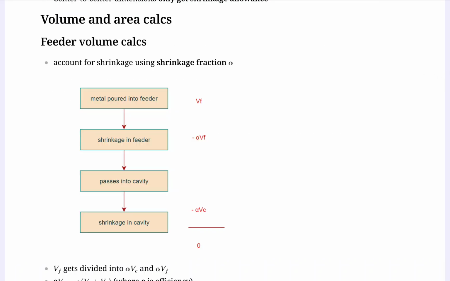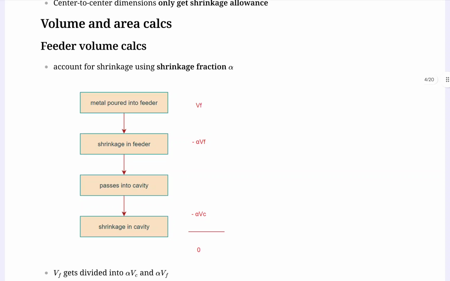For the volume and area calculations, it helps to understand what is happening when we're pouring the metal into our entire process. So firstly, we pour the metal into our feeder, okay? There's our feeder. I still don't know what this little dipping part is called.